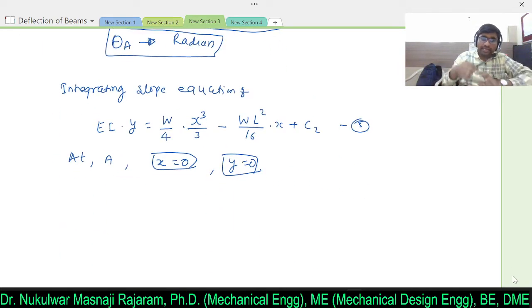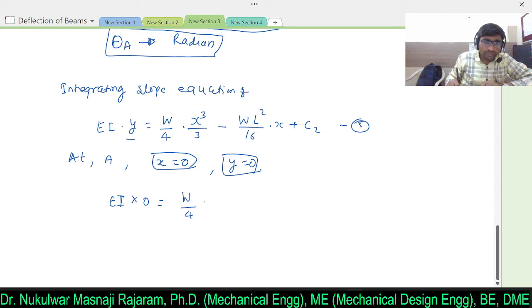So at A I am considering when x is 0, y will be equal to 0. I will just put the value of x and y here. So EI multiplied by 0 equal to w by 4 into 0 cube divided by 3 minus wL square divided by 16 into 0 plus C2. So anything multiplied by 0 will become 0, and this will also become 0.